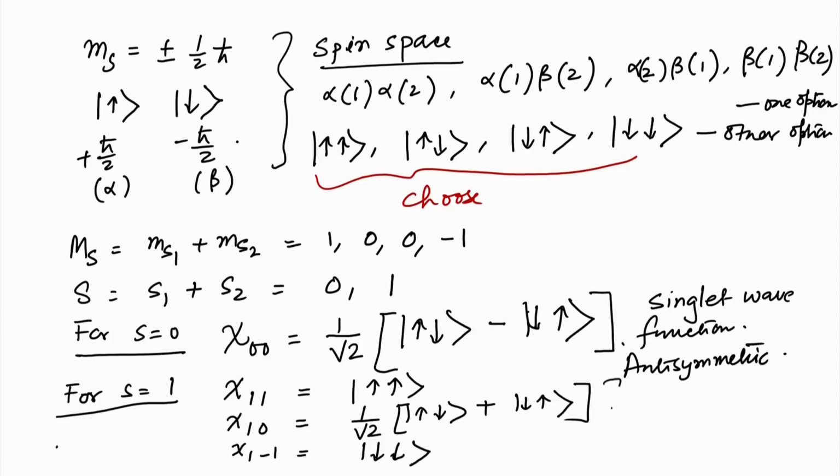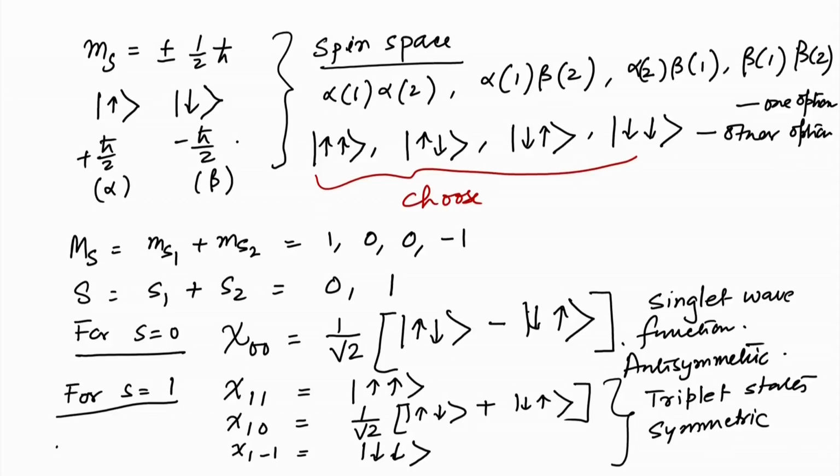All these are called triplet states, because there are three in number, and one can easily check that they are symmetric, because if the first particle is swapped with the second particle, the wave function remains the same.